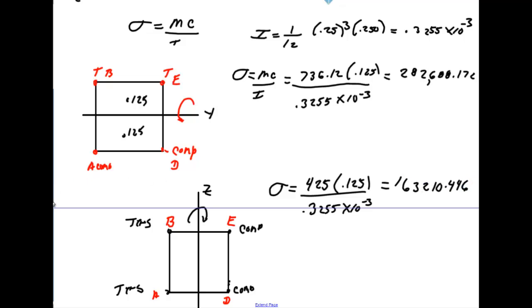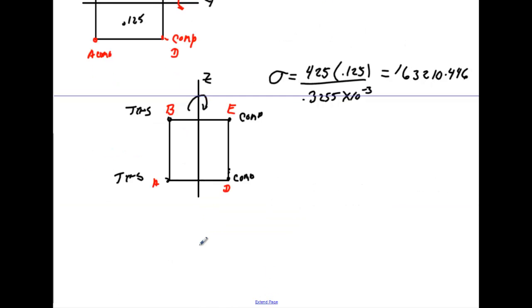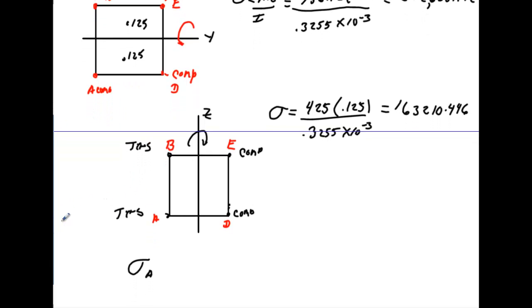Now if I want to find out what's taking place at A, here we have compression and here we have tension, so anything in compression would be negative.